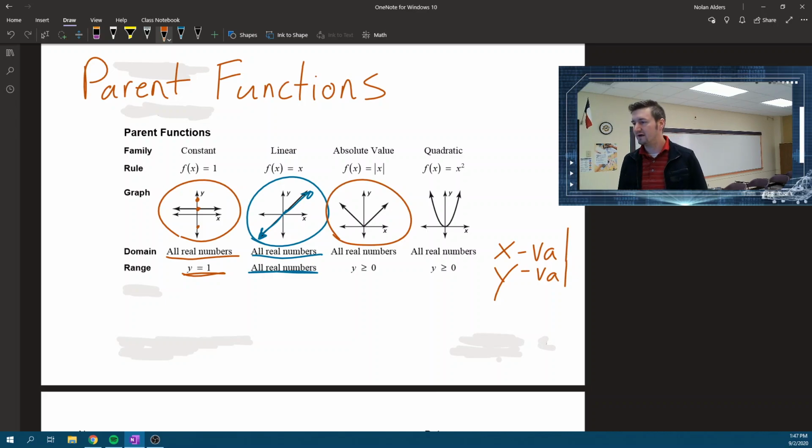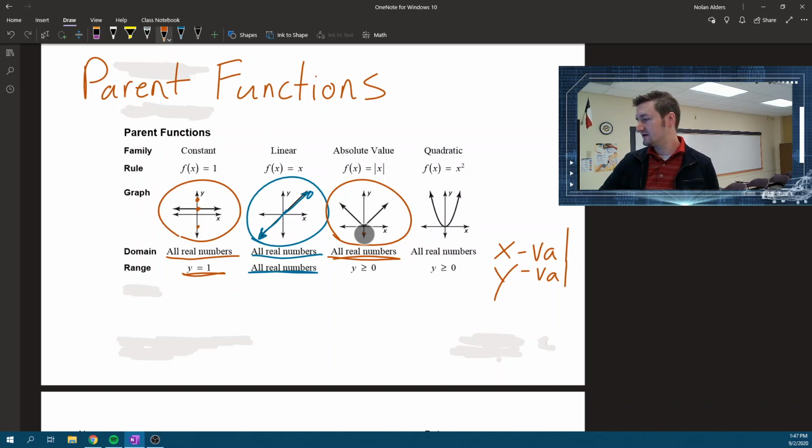With our absolute value, what is the domain? The domain, notice it goes to the left forever, goes to the right forever, so our domain is going to be all real numbers. It's going to be every number. There isn't an x value where that graph doesn't go through. But what about the y values? Notice that it never goes into the negatives.